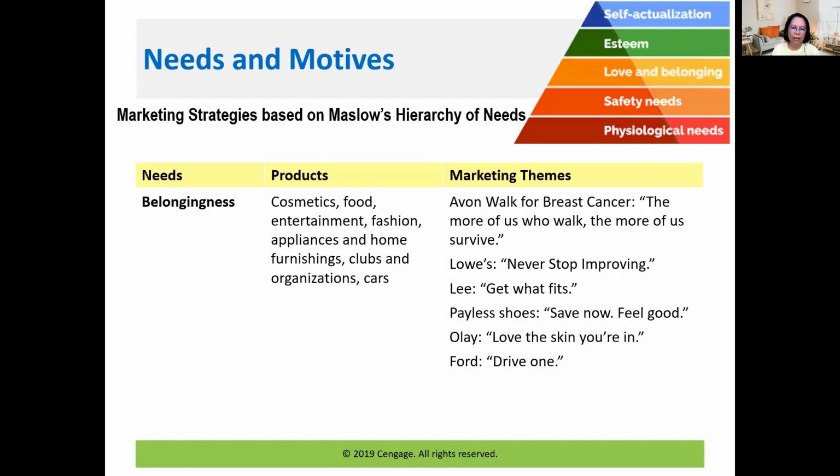A Lowe's company, for example, may say, never stop improving. Or Lee Jeans may say, get what fits. Or Payless Shoes, save now, feel good. Olay products say, love the skin you're in. Or a car ad may say, drive one. This will promote the feeling of belongingness of their prospective buyer and encourages them to buy.